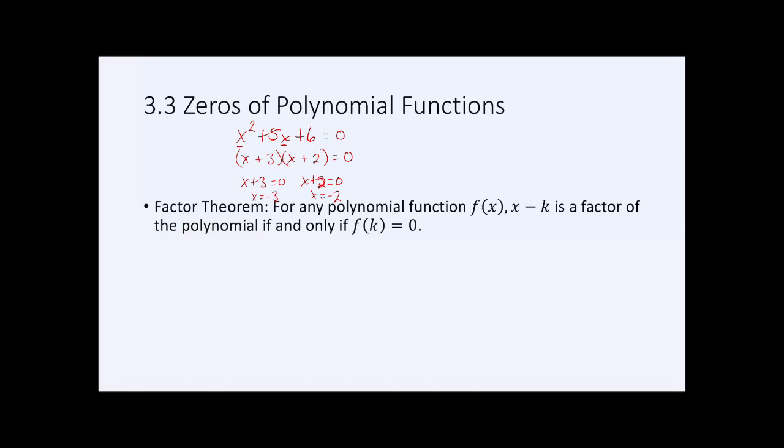That number makes the equation true. You could also take negative 2 and do the same thing. And so if we know that putting those numbers in is going to give us 0, well, that means that x minus those numbers have to be a factor of the polynomial.